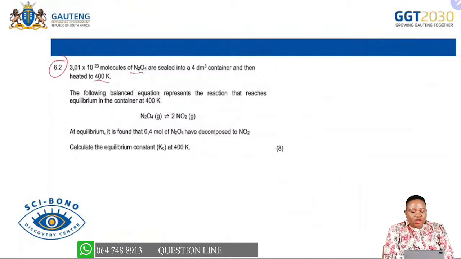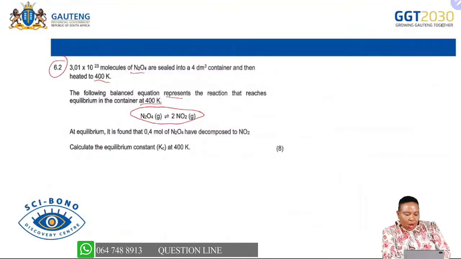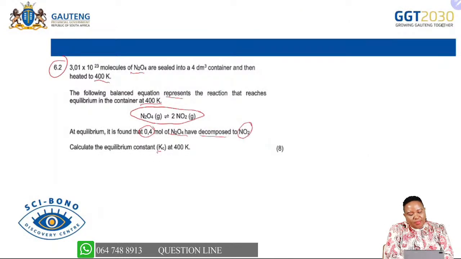The following balanced equation represents the reaction that reaches equilibrium at 400 kelvins. Now here is the reaction of nitrogen tetraoxide to give you 2 moles of nitrogen dioxide. Now they say at equilibrium it is found that 0.4 moles of nitrogen tetraoxide have decomposed to nitrogen dioxide. Calculate the equilibrium constant, Kc.